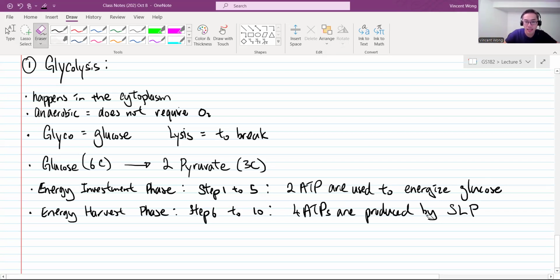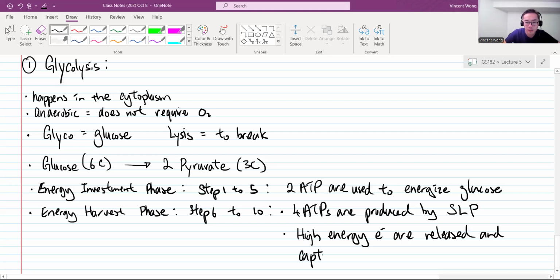So 4 ATPs are produced, and also high energy electrons are released from glucose and captured by 2 NADH.